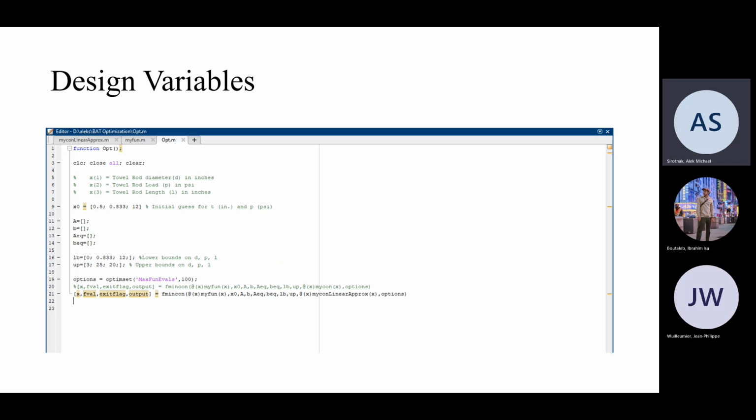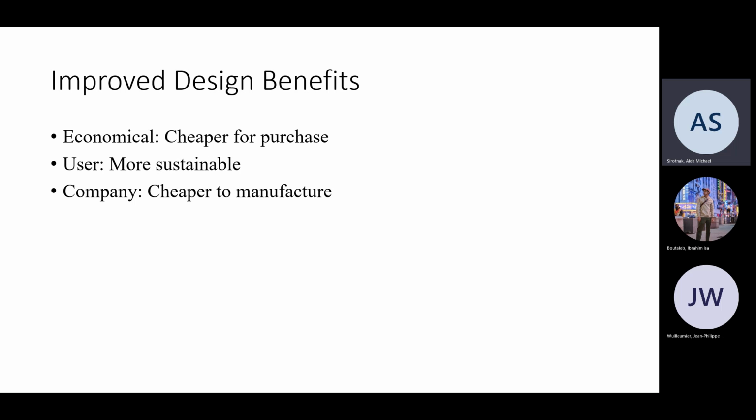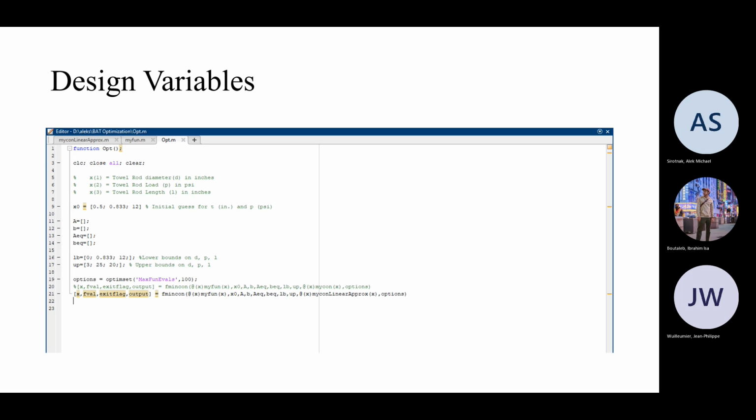For the design variables, we originally had a 0.5 inch diameter with a 0.833 psi pressure on it, and a rod length of 12 inches. So our three variables are the diameter, the load, and the rod length.